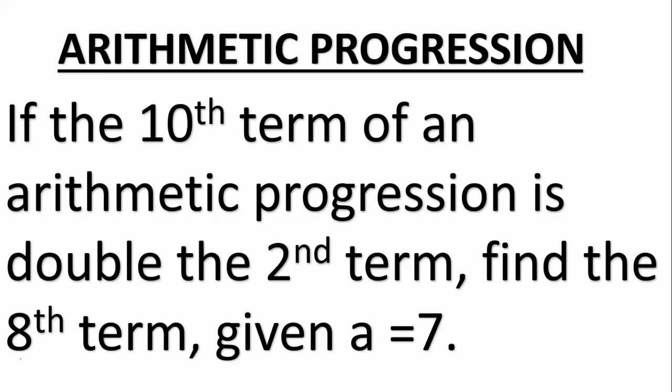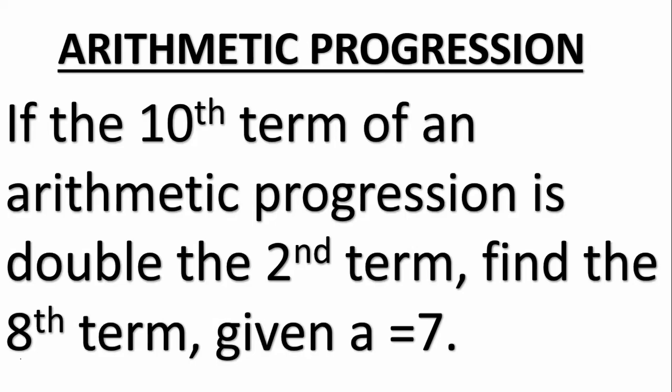This is an arithmetic progression problem. Now, the question is, if the 10th term of an arithmetic progression is double the second term, find the 8th term given a equal to 7. A is the first term.